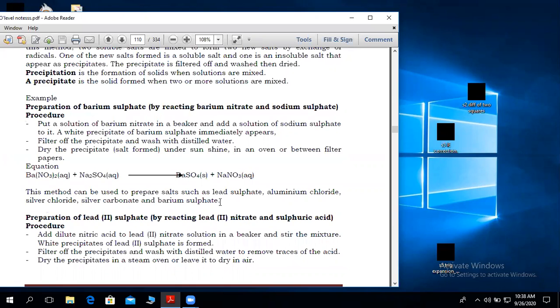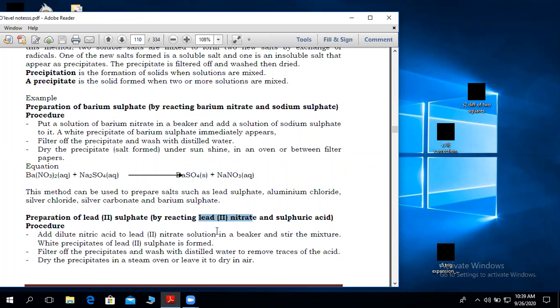So, for lead 2 carbonate, you were supposed to use lead 2 nitrate, and instead of using sulfuric acid, you use another soluble salt, but which contains a carbonate. And the easiest one to use is sodium carbonate. So when you react lead 2 nitrate plus sodium carbonate, you will form lead 2 carbonate and sodium nitrate.